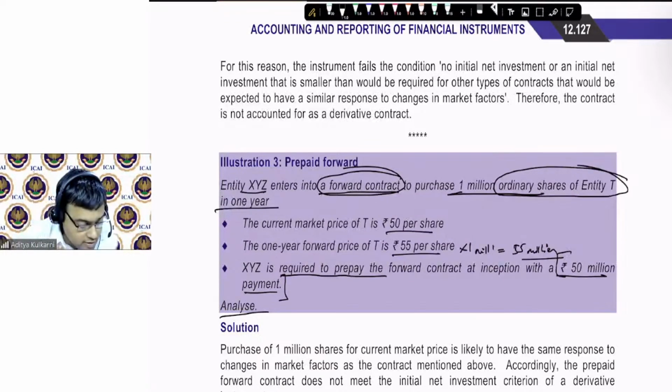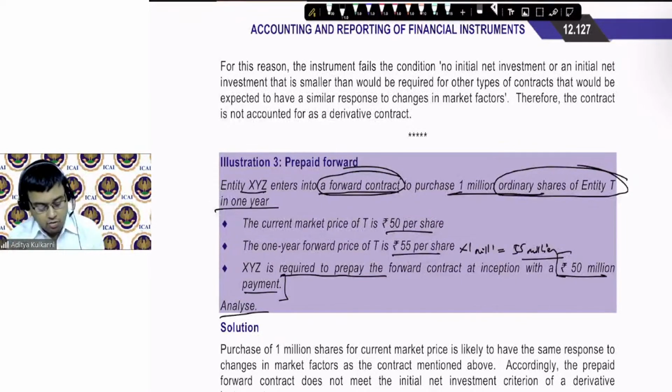Answer is no. So is this contract going to be regarded as a derivative? Answer to that is again no. It cannot be classified as a derivative. Why? Because the payment made initially is neither insignificant nor zero. It is a significant payment, more than 90%, 95% of your contracted price is being paid initially.